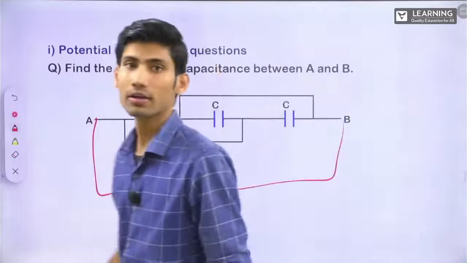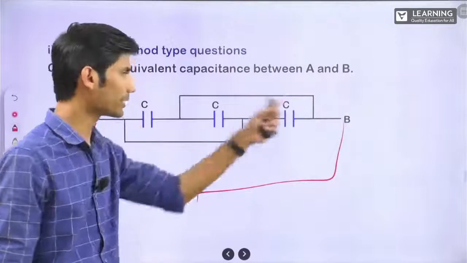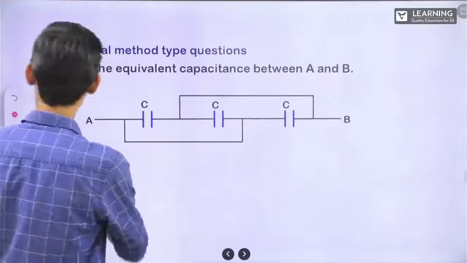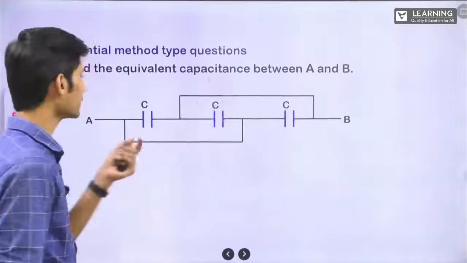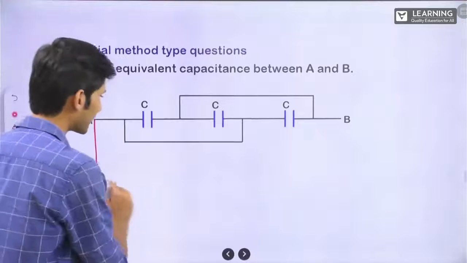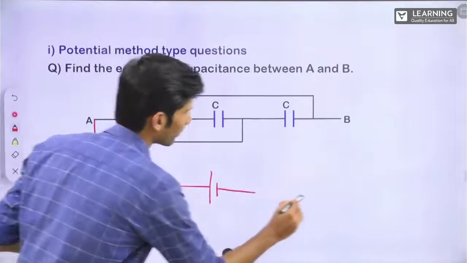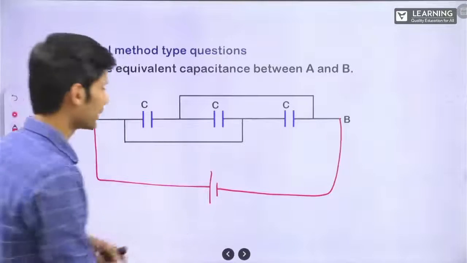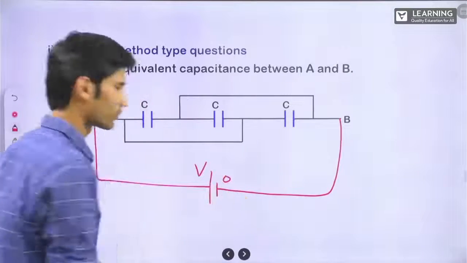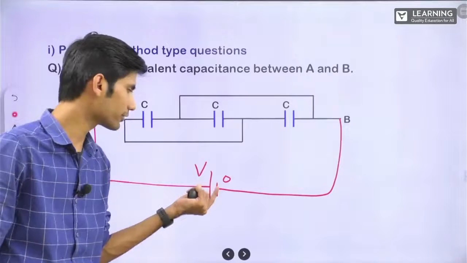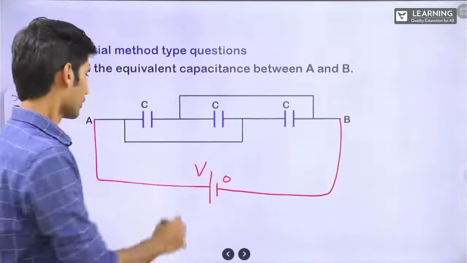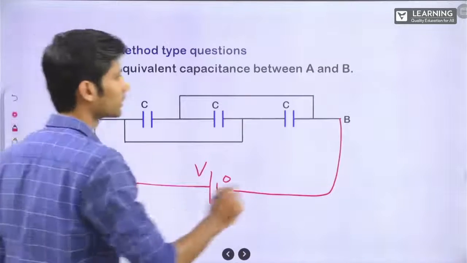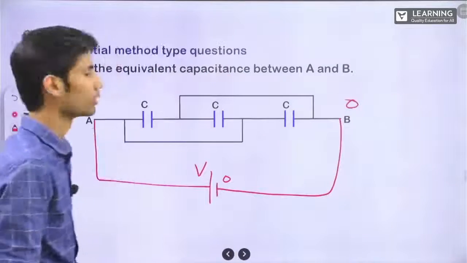You have to find the equivalent capacitance of this particular circuit between A and B. If the EMF of the battery is V, this will be V, this will be 0, right? Then only the potential difference will be V. Now, that means A is at a higher potential V, and B is at a lower potential 0.